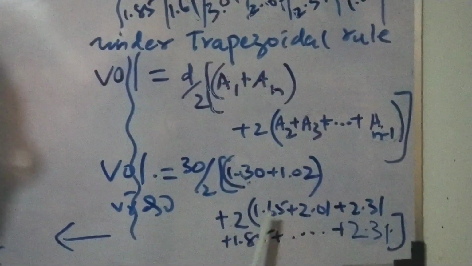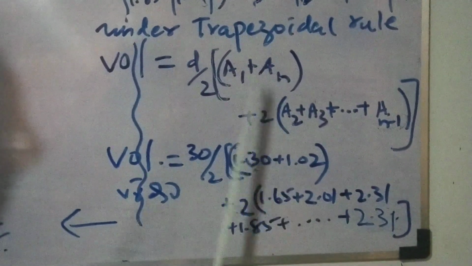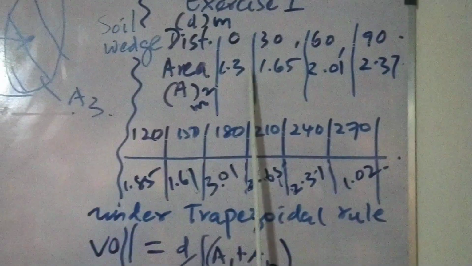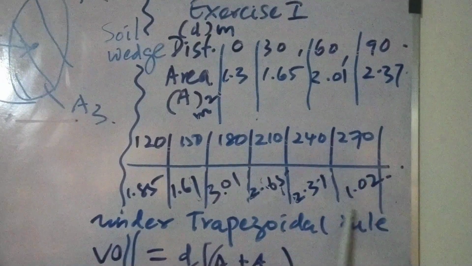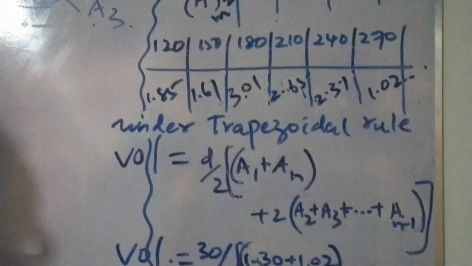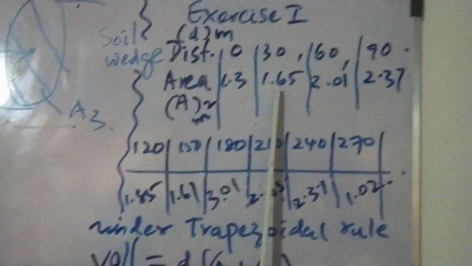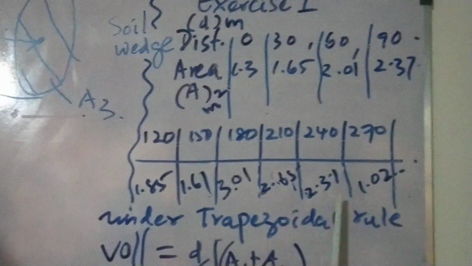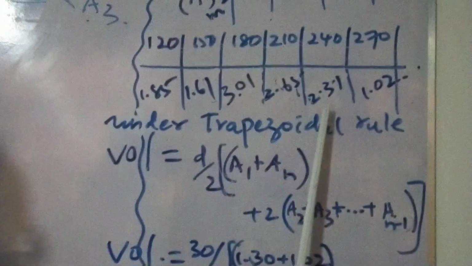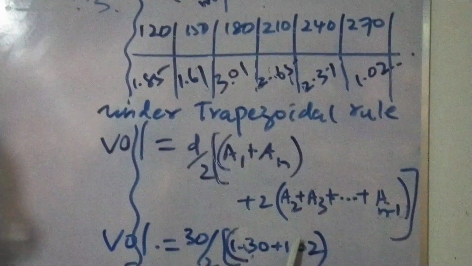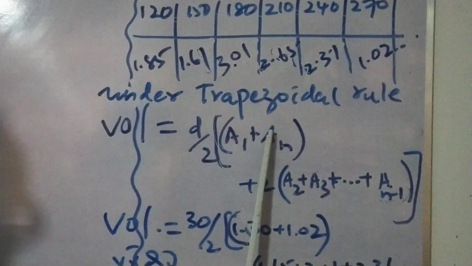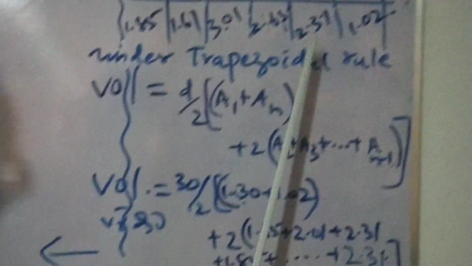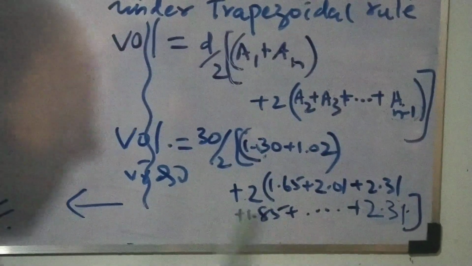Then from the second node we start with 1.65, and the last one in this bracket is 2.31, okay?